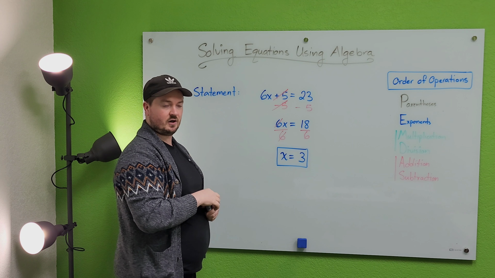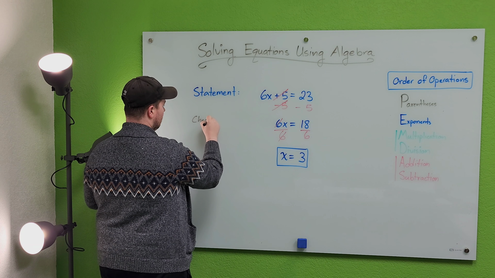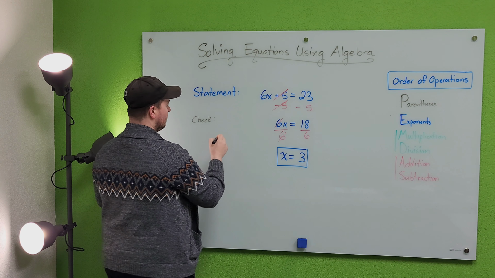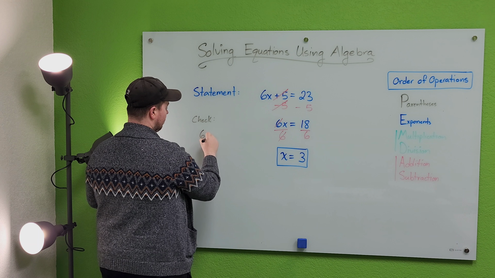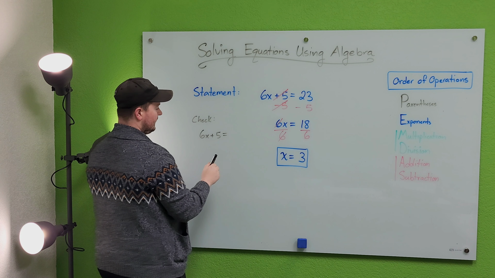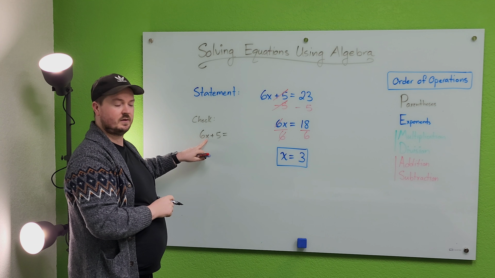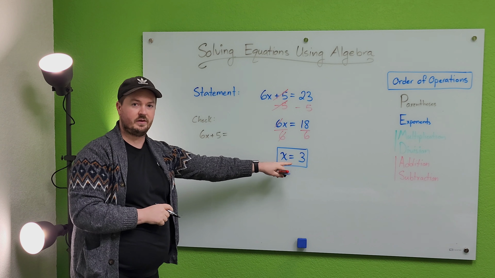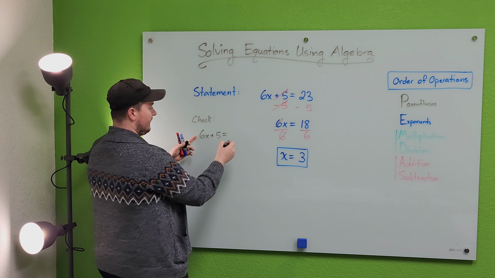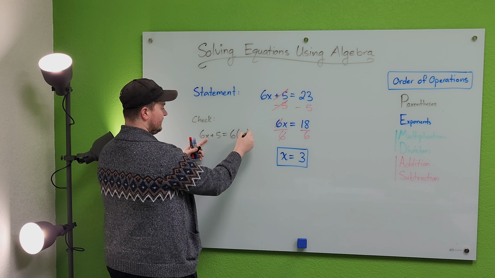So quickly, let's check our work. We can check our work by taking the original expression we were given, and instead of plugging in x, we're going to substitute x with the number 3. So I'm going to copy everything we have, and instead of x, I'm going to start by putting parentheses.